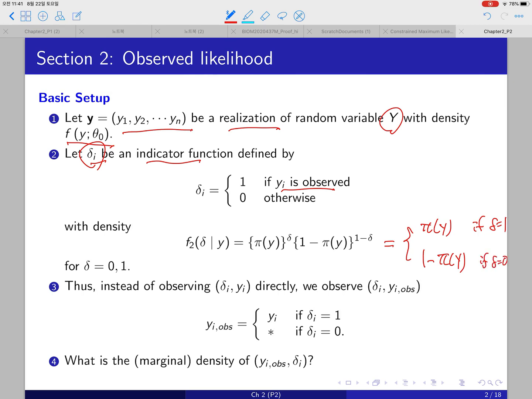Under these two assumptions, instead of observing y and delta, we observe delta and y observed, where y observed is y if delta equals 1, and if delta equals 0 then it is nothing, no information. So the question is, what is the marginal density of y observed and delta?